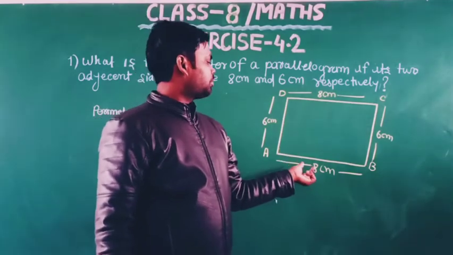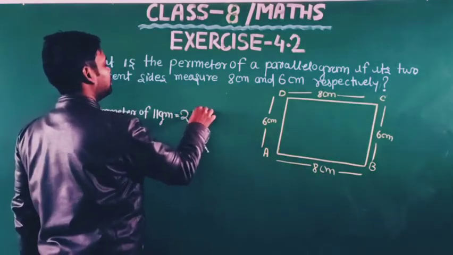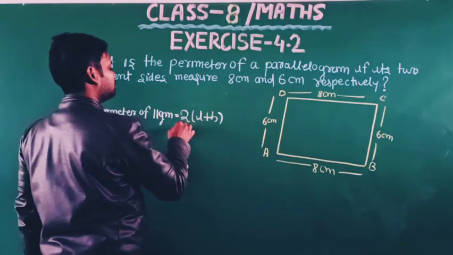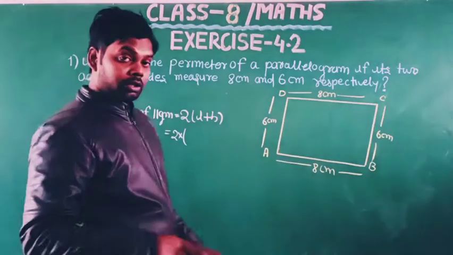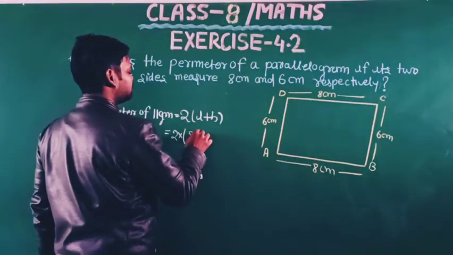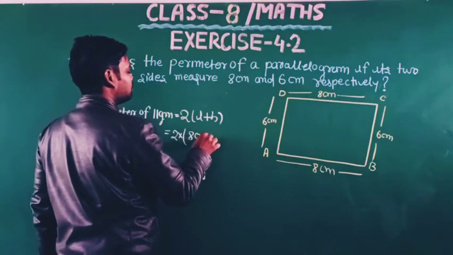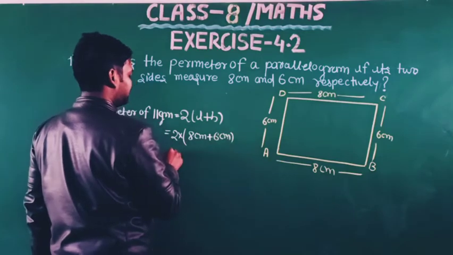Also we can use the formula 2 times length plus breadth. So this is 2 into length 8 centimeter plus breadth 6 centimeter.